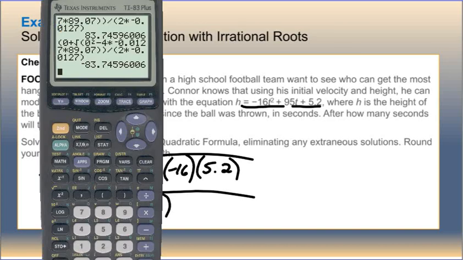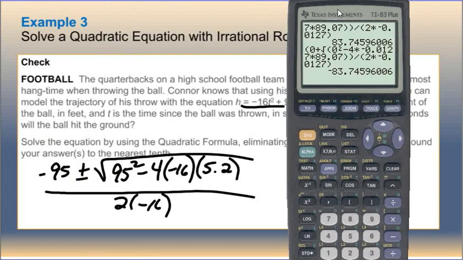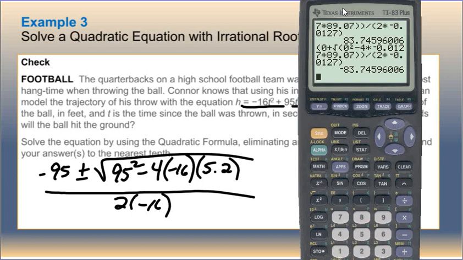And let's get our calculator out. Since our denominator is going to be a negative, I need to make sure I have a negative answer up on top.